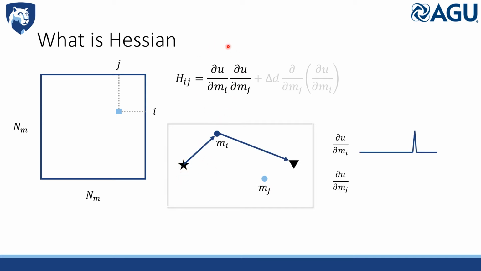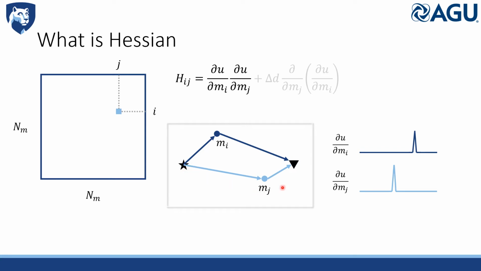So partial u over partial mi will be the scattered wave field induced by the velocity change at the mi location. In other words, the background wave field u travels from the source to mi, gets scattered by it, and the scattered wave field partial u over partial mi propagates from mi and is recorded by the receiver as a spike right here.